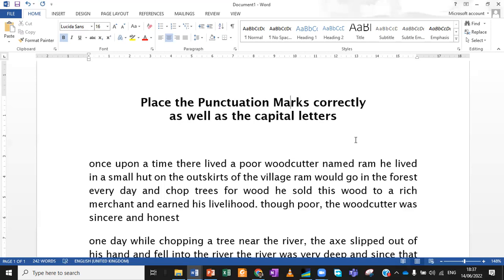You're looking at punctuation marks. What should I do here? Place the punctuation marks correctly, as well as the capital letters. Very good. Now here, I'm supposed to use one punctuation mark.